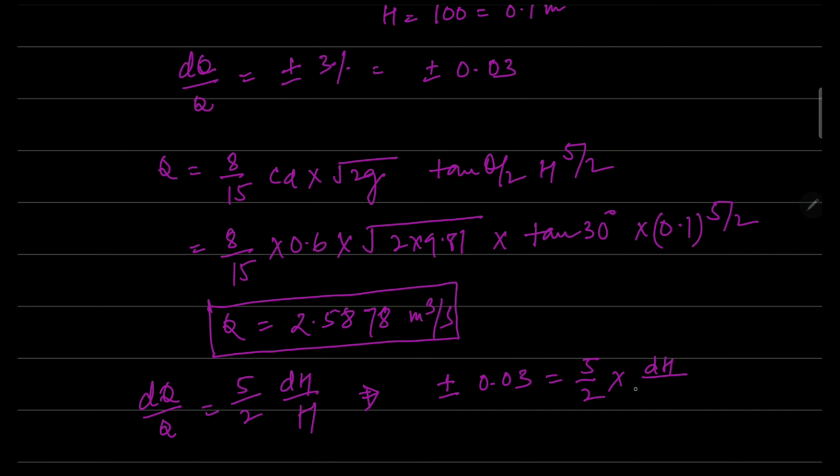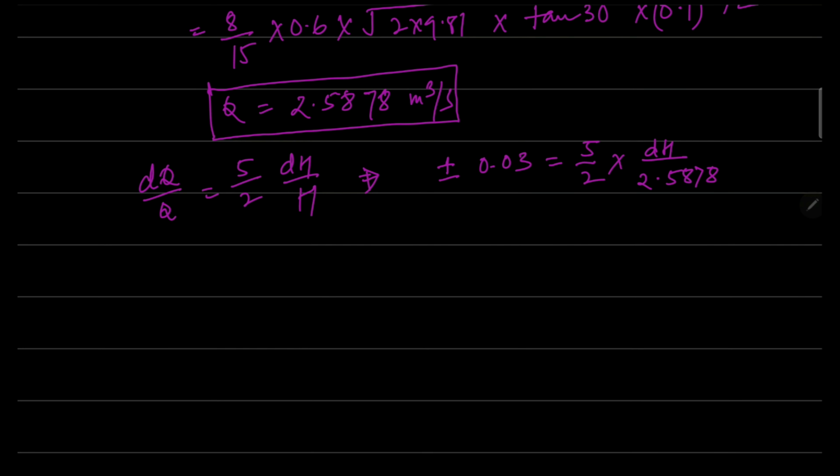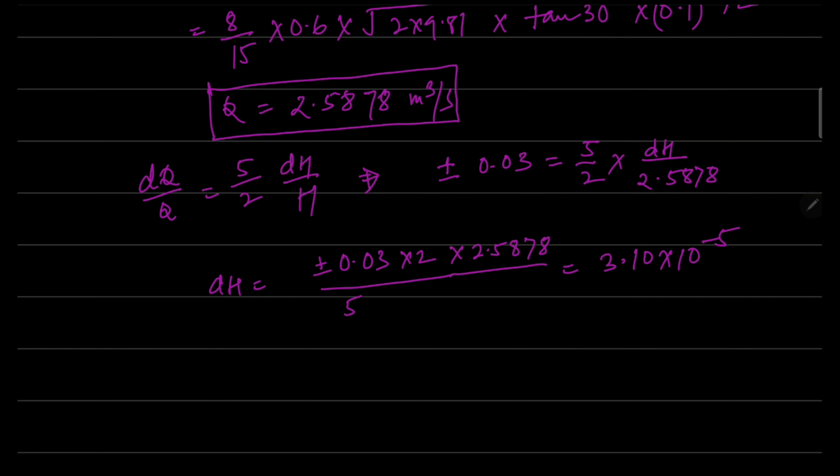So dh is equal to 0.03 plus minus, multiplied by 2 divided by 5, and then multiplied by 2.5878. This is 3.10 times 10 to the power minus 5. So dh is this much meter.